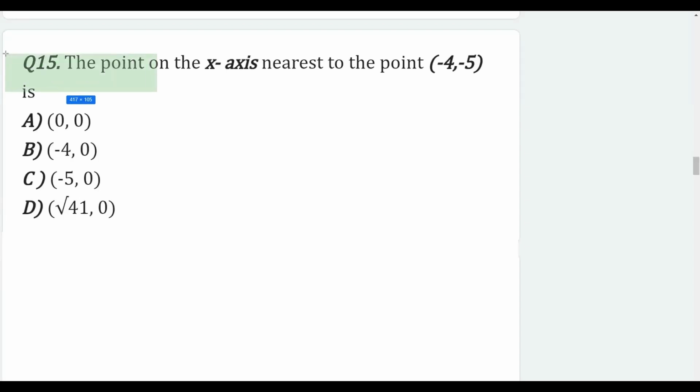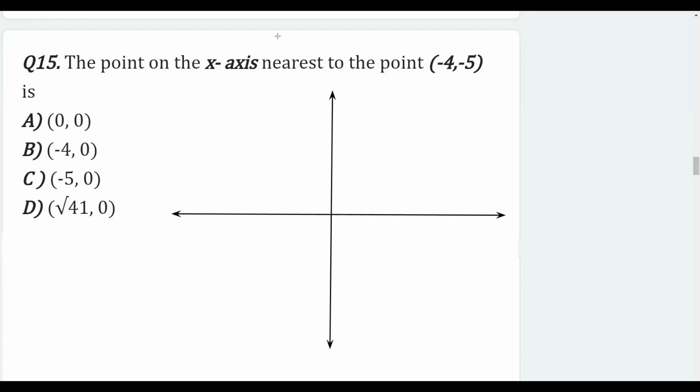The next question from the chapter coordinate geometry, that is question number 15. It says the point on the x-axis which is nearest to this point. So what we can do is draw a Cartesian plane. Rough sketch will be fine here. And there is a point, and the point is -4, -5.